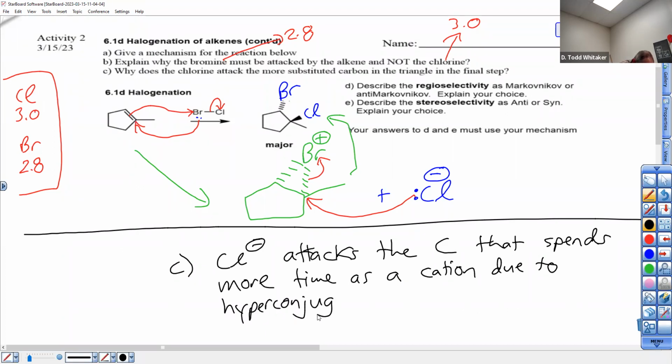So that is kind of an awkward sentence that's better described with a diagram.